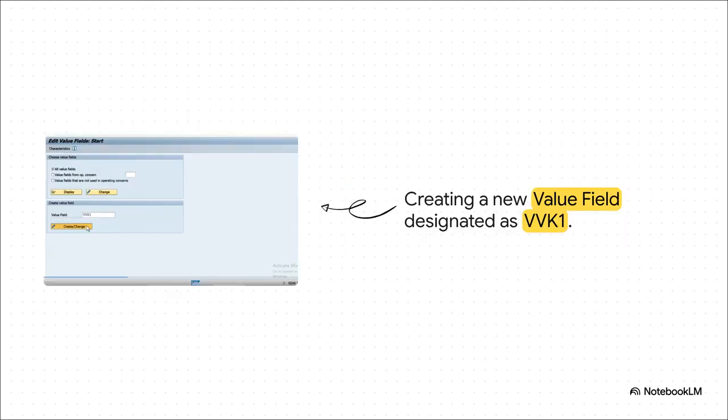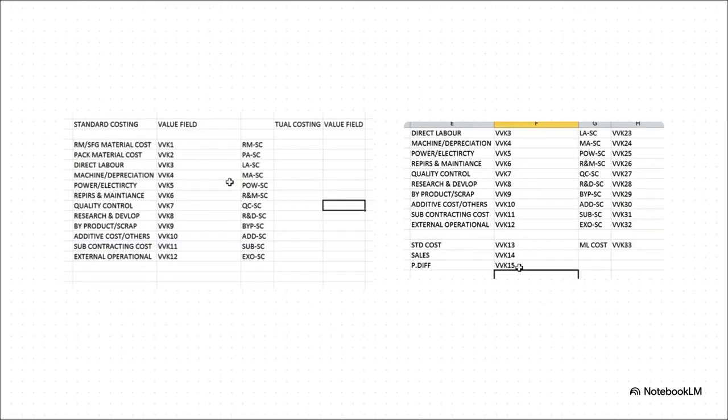Shifting gears to the how much side of our framing, we need to construct our value fields. In SAP COPA, the naming convention for these custom fields typically kicks off with VV. Setting up something like VVK1 designates it as a specific amount bucket for our analysis. And here is where it gets incredibly powerful, the mapping.